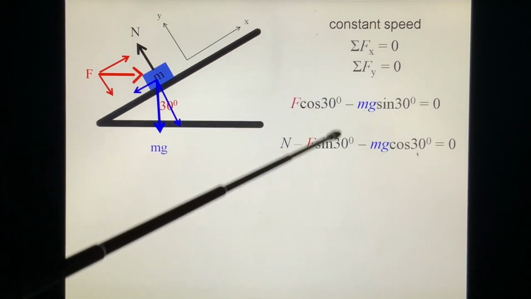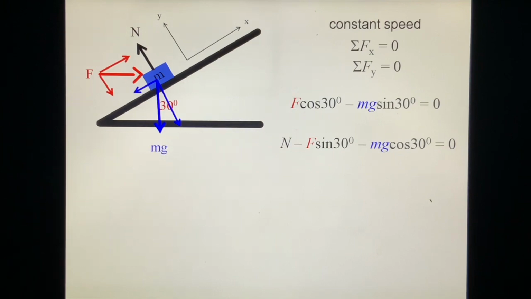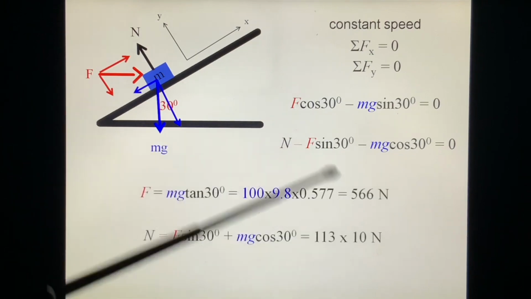So two equations, two unknowns, F and N. This is junior high school math, so I don't do it. I just give you the answer.